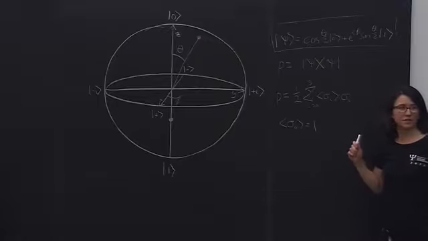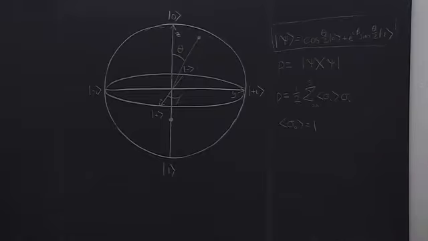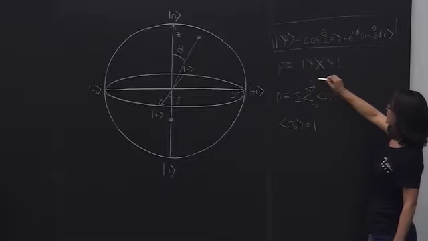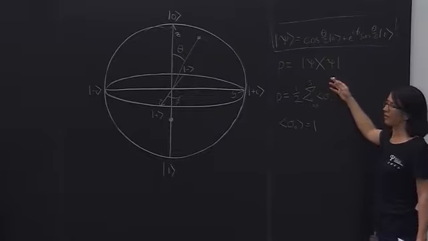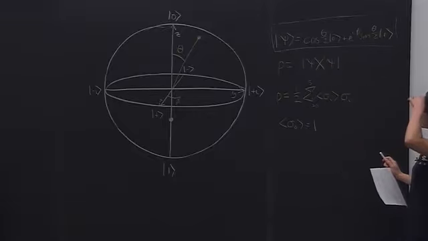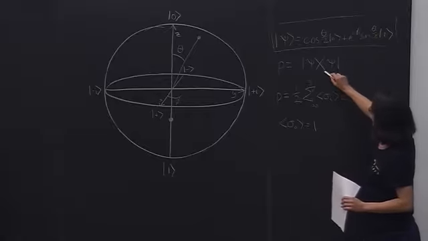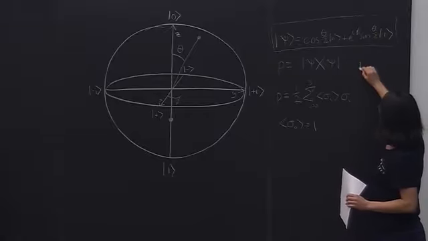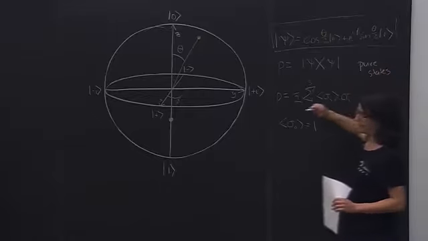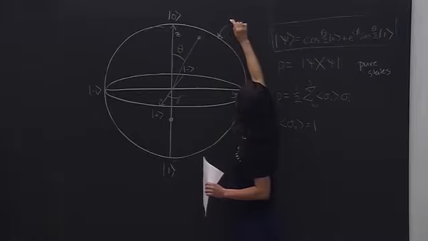And so in order to describe situations like that, we need to extend our formalism to incorporate density matrices that are more general than just the outer product of these states here. The terminology that we're going to employ is that any states that can be written like this as an outer product are called pure states. In the Bloch sphere picture, the pure states live on the surface of the Bloch sphere.